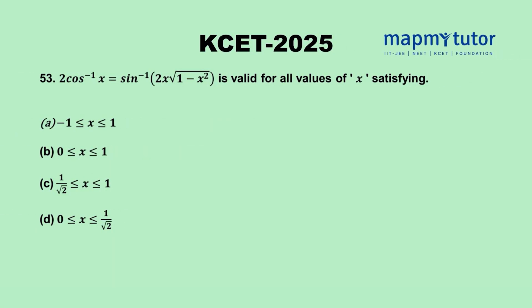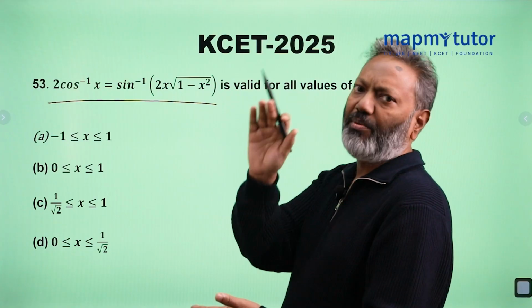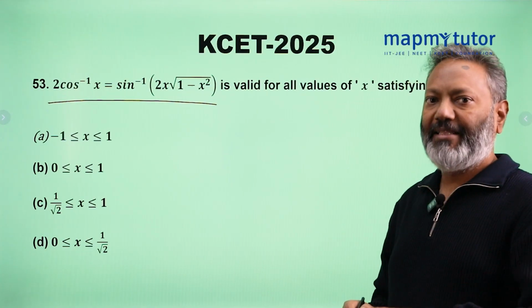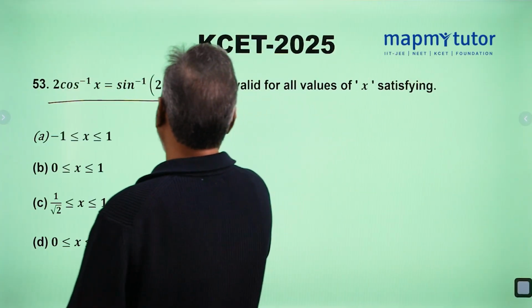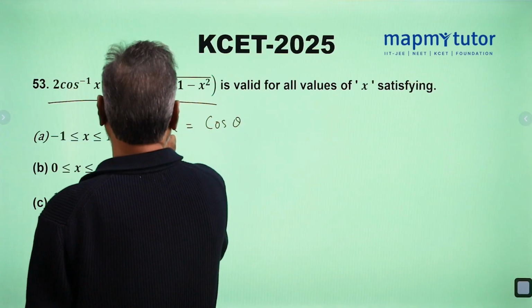2 cos inverse x equal to sin inverse of 2x root 1 minus x square is valid for all values of x satisfying so and so. Okay. Here, root of 1 minus x square. Whenever you observe this term, either we put x equal to cos theta or sin theta. Because there is cos inverse x in the left hand side, I put x equal to cos theta.